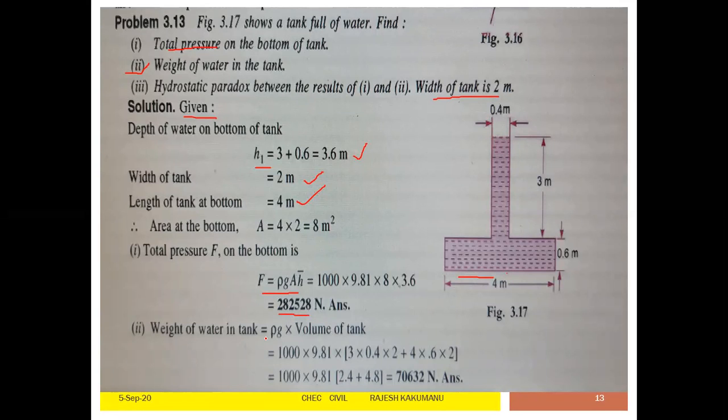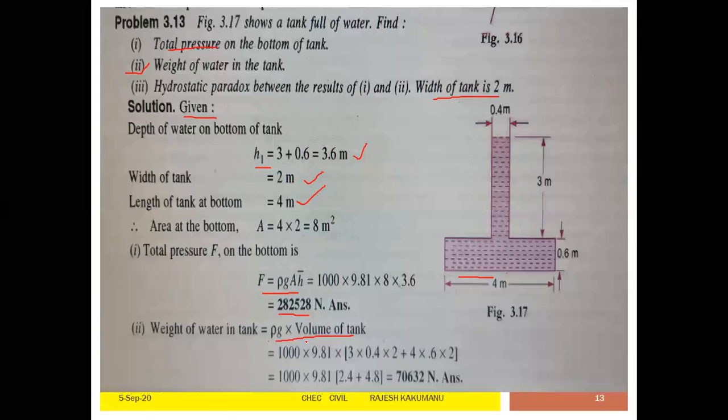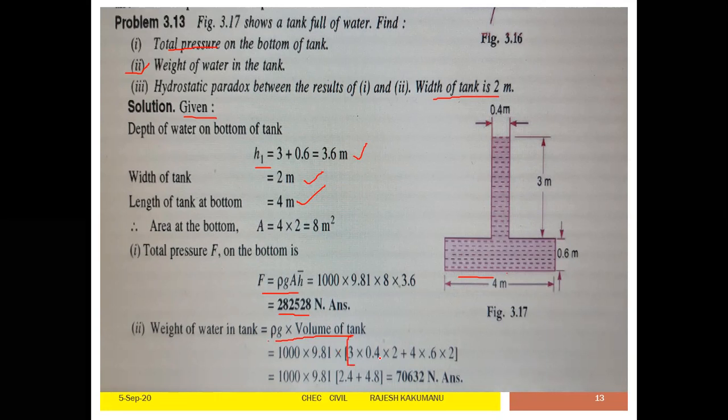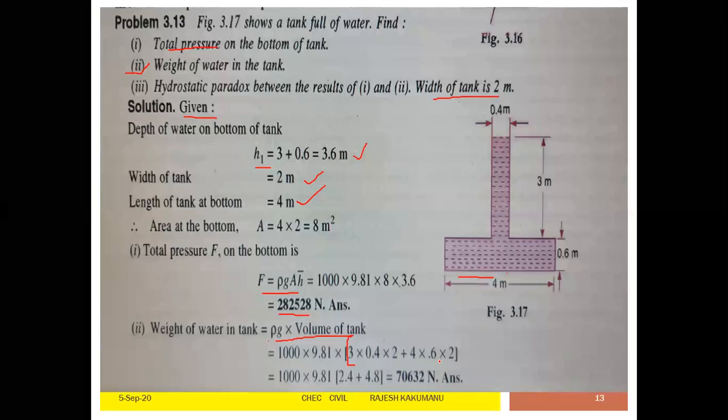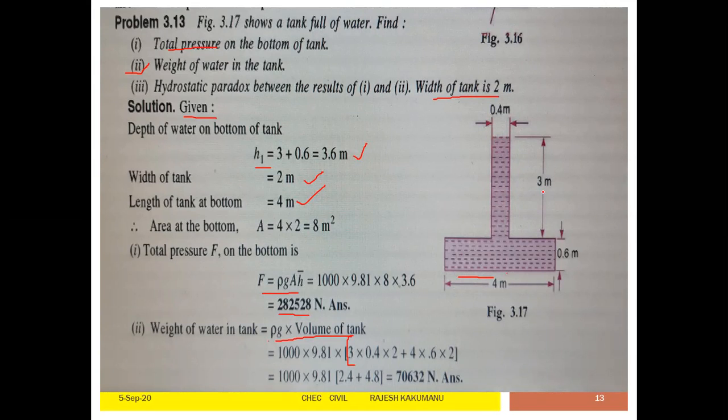Now what is the weight of the water in the tank? Rho into g into the volume of the tank. In the volume you have to consider length into width into height, because it is a body. Rho g is common, into the volume of the tank: 1000 into 9.81 into (3 into 0.4 into 2 plus 4 into 0.6 into 2), where 2 meters is the width of the tank.